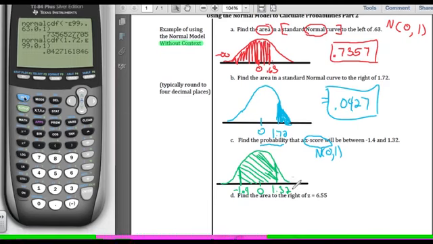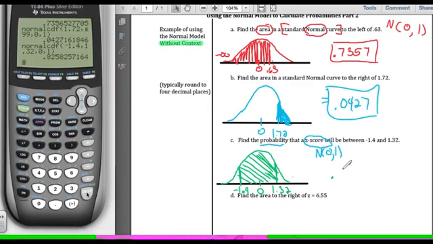To get my answer, hit second VARS, select normal CDF, and input my left bound, my lower bound, my right bound or upper bound, and then 0, 1 as my mean and standard deviation.